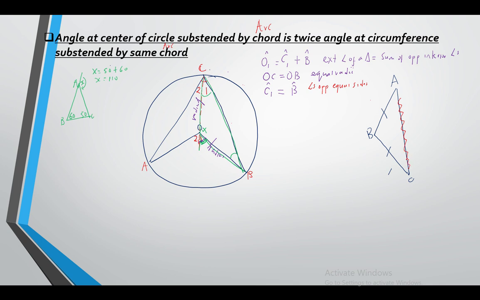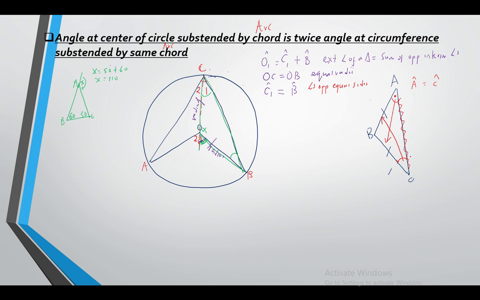The angles lying on this third side are equal, which is angle A in this case and angle C. What's very important is to see that these two angles are opposite to the sides that are equal. The angle A is opposite to the side BC.